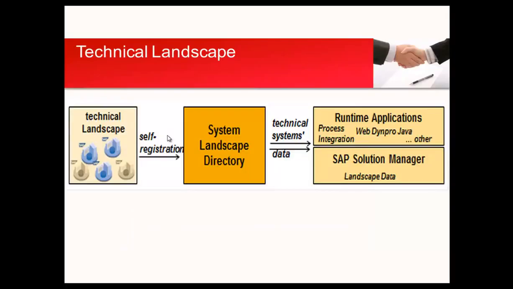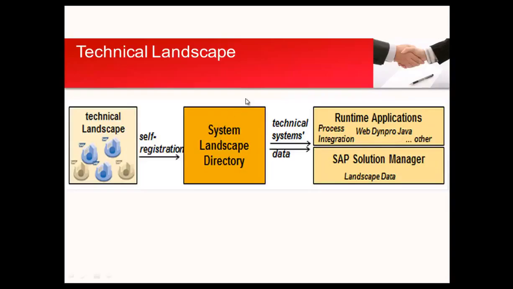Okay, now let's see the technical landscape. Here you can see that you have a central SLD, which is system landscape directory, and all the technical systems, whether it is a Java system or an ABAP system or a non-SAP system, they will do the self-registration into SLD, and this information will be synchronized to LMDB, and LMDB in turn will send the information to system landscape, that is SMSY.